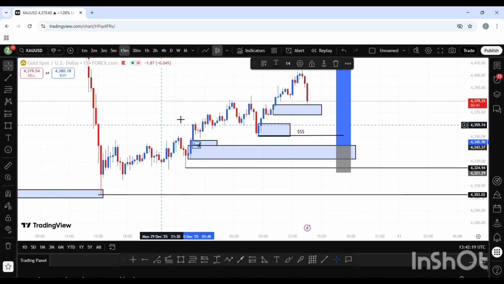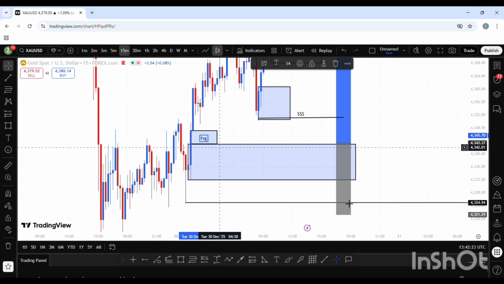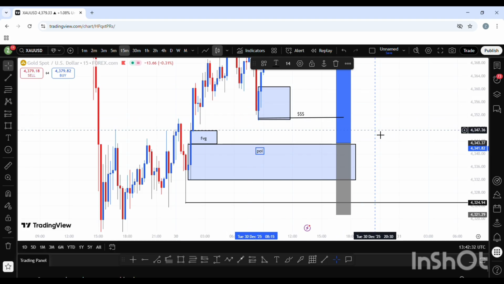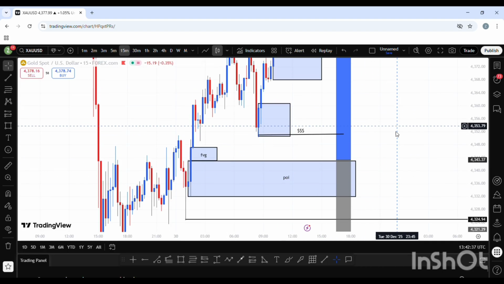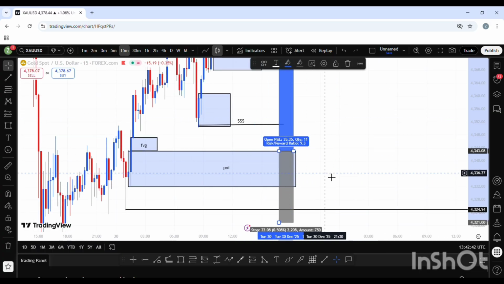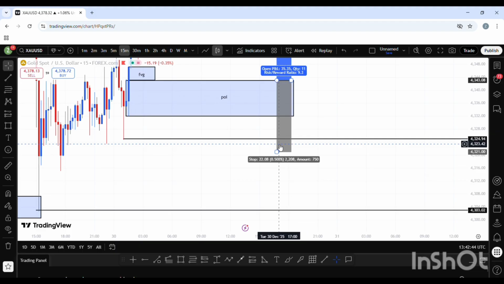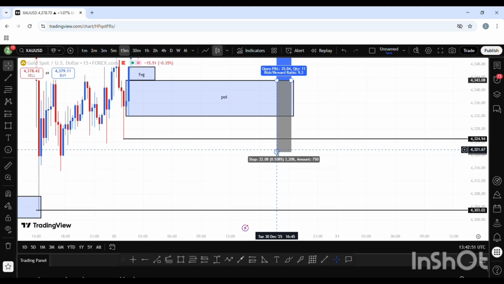I need to have a valid, not just a break of structure, a valid break of structure, fair value gap or imbalance. I need liquidity that price will tap before getting to my point of interest. Because if you don't have liquidity above your point of interest, it means you'll act as the liquidity, then the market will throw you and go back to your direction. Okay, look at this.